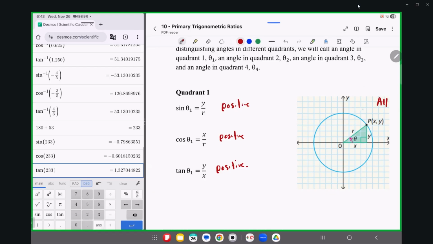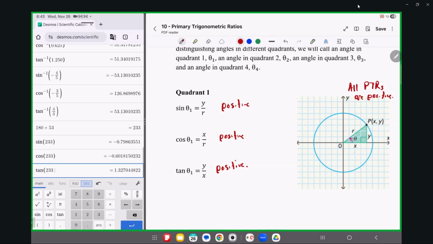So all PTRs, or primary trigonometric ratios, are positive because the x component is positive, the y component is positive, and the radius is positive.